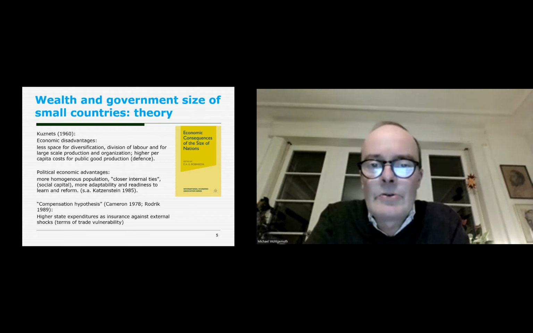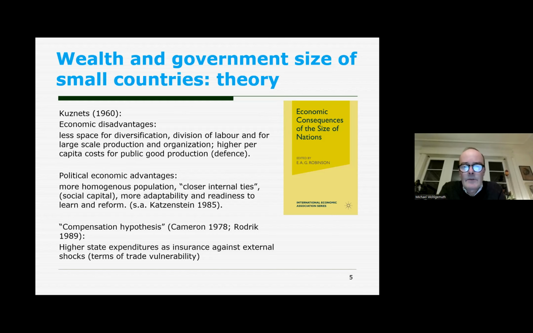So there should not be as many opportunities for large-scale production and diversification of production and organization. And if you look at the production of public goods, it's quite obvious that you have higher per capita, or higher per taxpayer, costs to produce a public good, which is then available to everyone.